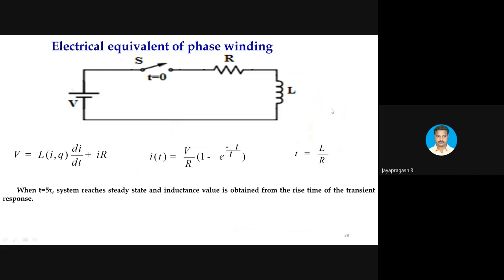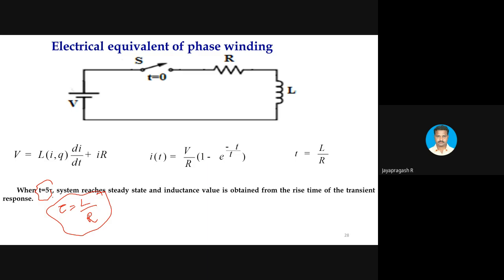The concept is that from the transient behavior of the RL circuit, we understood that an RL circuit takes 5 times tau. Tau is the electrical time constant, which is the ratio between the inductance and the resistance of the winding. Any RL network needs 5 times the electrical time constant to reach its steady state.